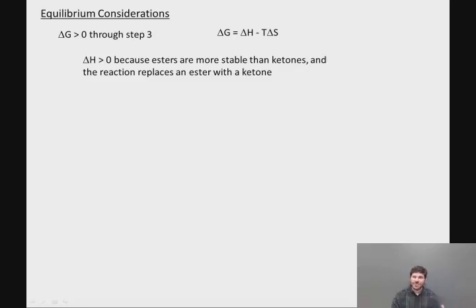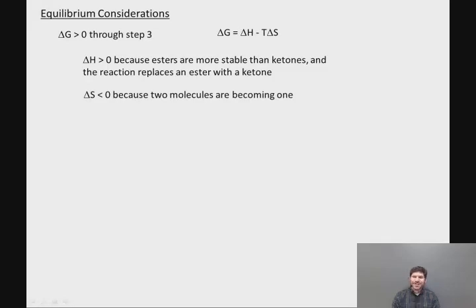Okay, we've seen plenty of examples, such as reactions with sodium borohydride, where ketones are reactive and esters not. This reaction replaces an ester with a ketone fundamentally. You start with 2 esters and you're ending with a beta keto ester. So therefore, that's going to be uphill energetically.